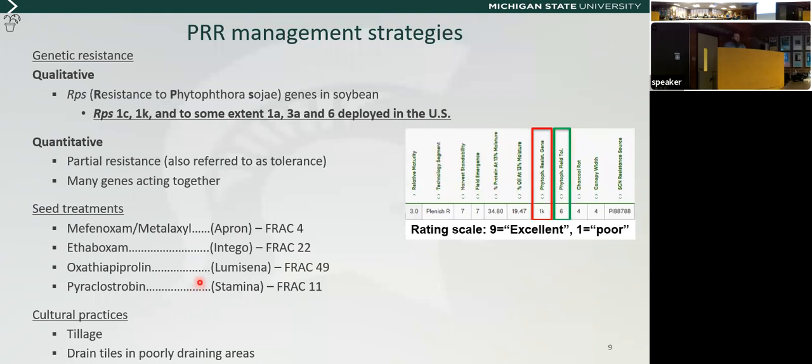In terms of Phytophthora management strategies, we have a couple different things at our disposal. We have genetic resistance, both in the form of qualitative or complete resistance. This is our gene-mediated resistance. In soybean production in North America, we primarily see RPS1C and RPS1K, and there are some varieties which may contain the RPS1A, 3A, or 6 loci, but these are not very common and not widely available depending on where you live.